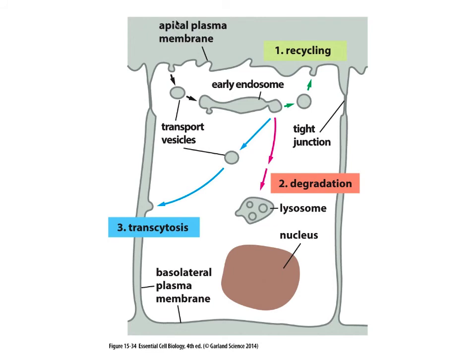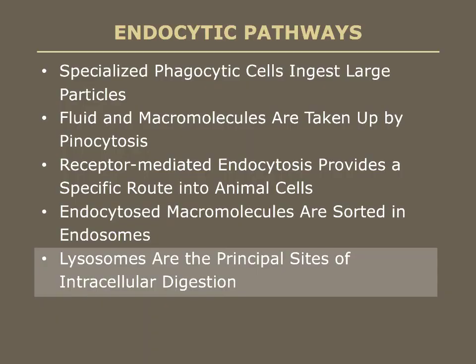So everything that has to pass from one side to the other has to pass through the cell, and that's called transcytosis or transcellular transport. So in this case, vitamins could be picked up from the gut surface and then delivered to the basolateral plasma membrane, from where they can easily diffuse into the blood supply to be delivered to other cells.